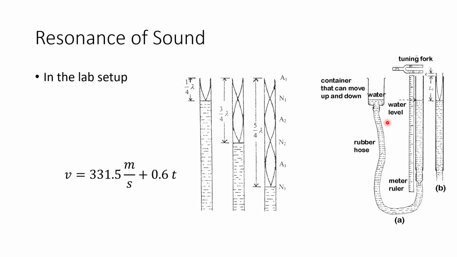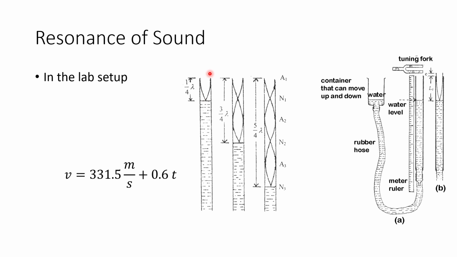in the lab, you're going to have a pipe that can be moved up and down, and you're going to have a tuning fork to hit the wave to go inside here. If the length of the free space in this pipe is equal to lambda divided by 4, you create what you call the resonance.